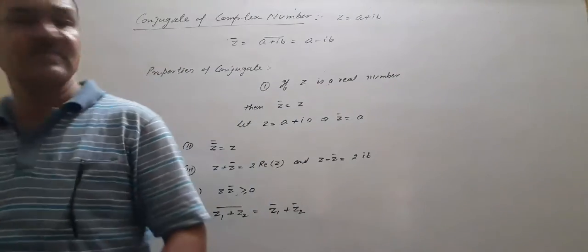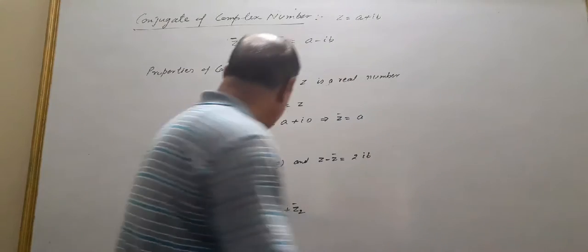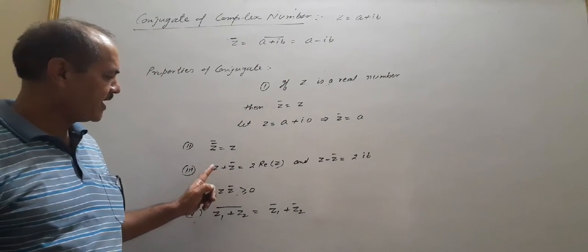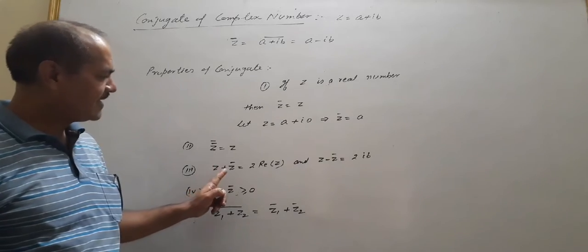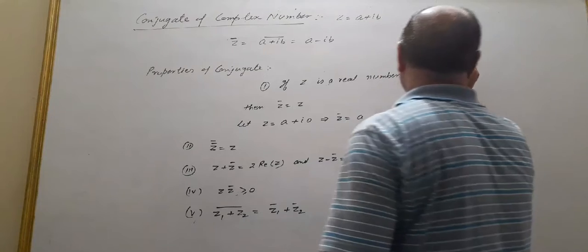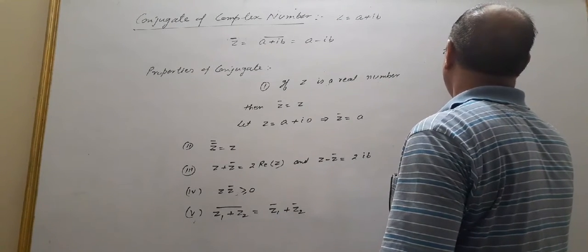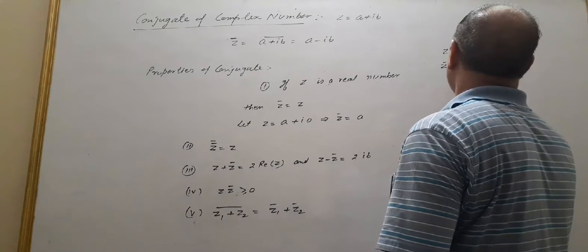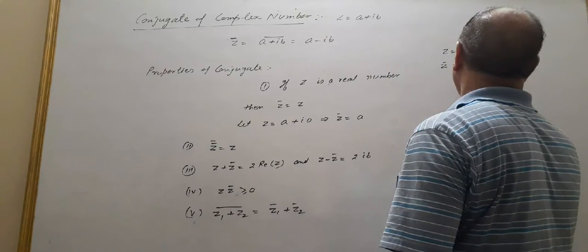In the next, I have written z plus z bar. The sum of a complex number and its conjugate is always twice the real part. For example, let z be equal to 2 plus 3 iota, and its conjugate is 2 minus 3 iota.